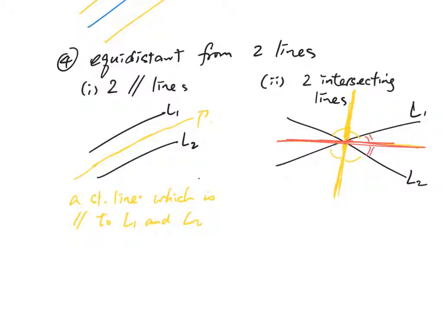That means it cuts the angle into equal halves. Towards this, we can describe these loci, the two lines, as follows: they are the two angle bisectors of L1 and L2.